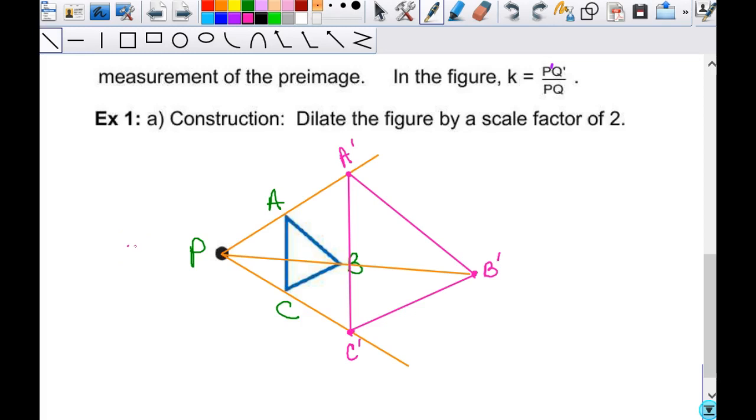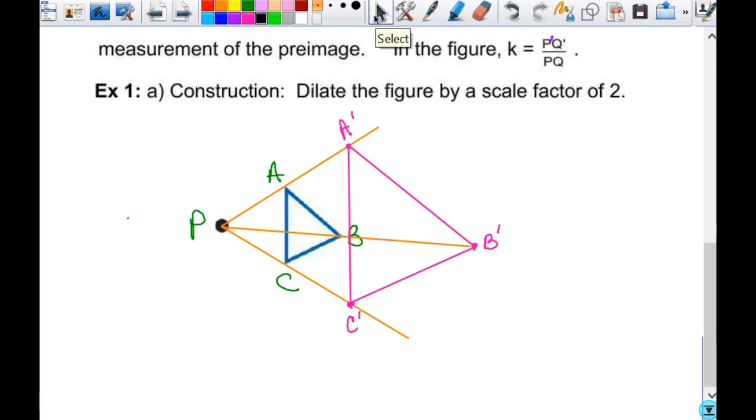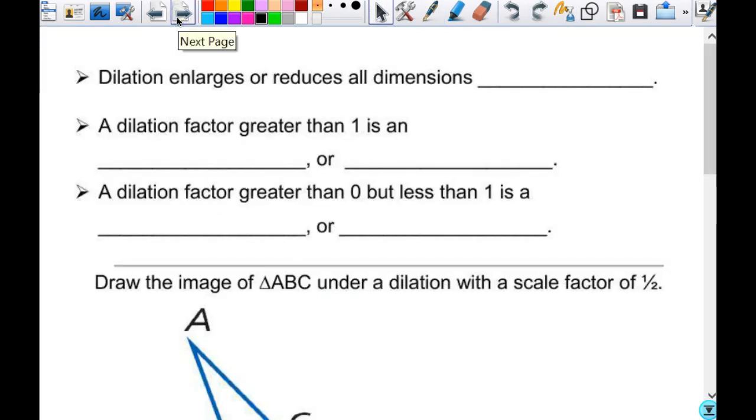So it has more than just changing the size. It's also about a location change depending on how you're applying it. Okay? So next page. A dilation enlarges or reduces all dimensions proportionally.